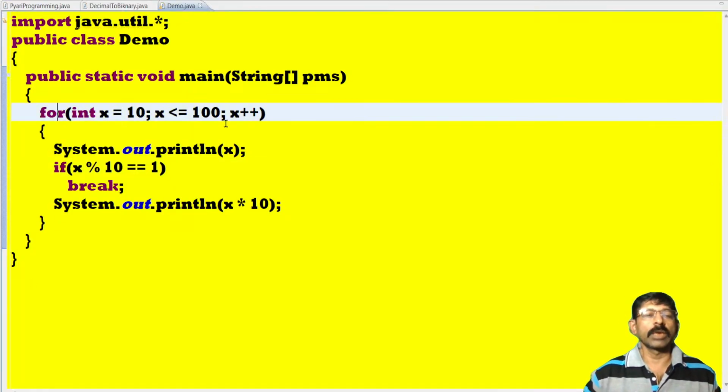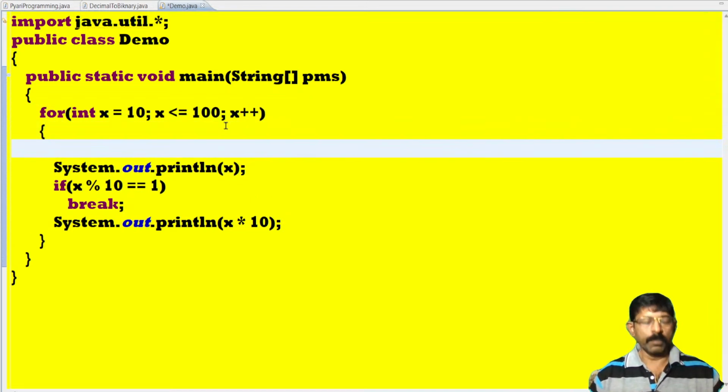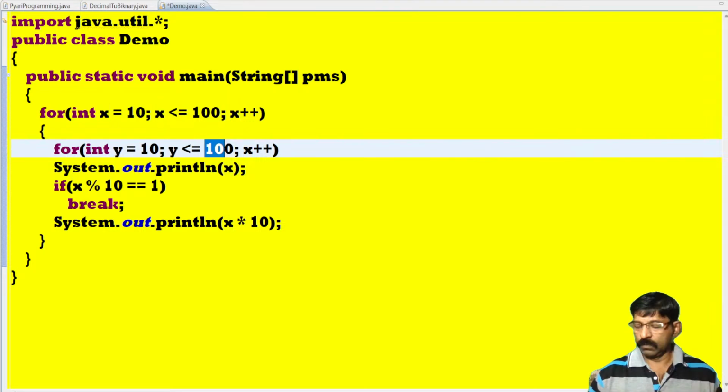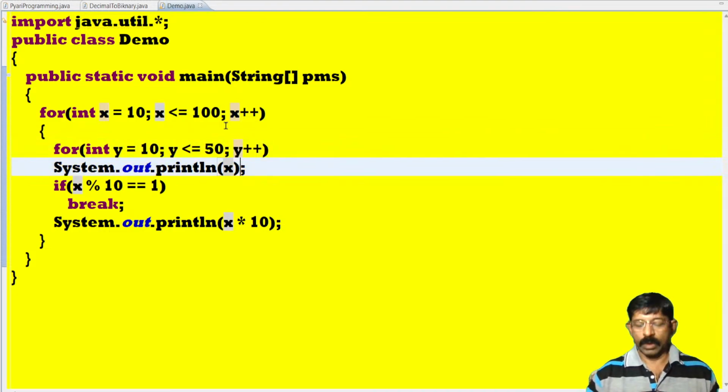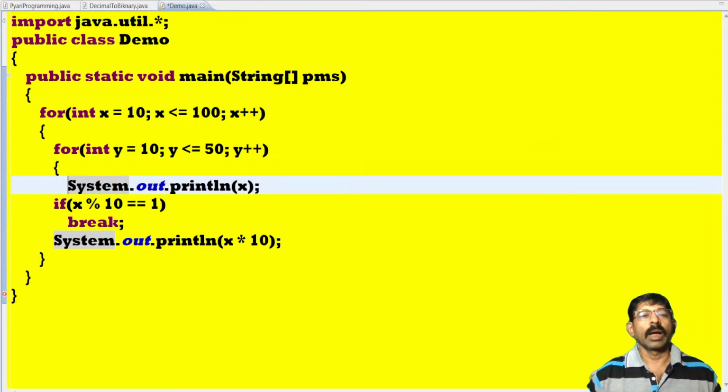Here I am doing a nested loop. This is the outer loop. Now I am creating the inner loop where y is equals to 10, y is less than 50, then y plus plus. Inside this, I am displaying the x and y values, x plus some space plus y value.